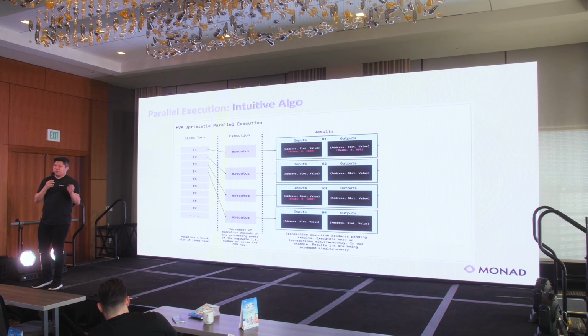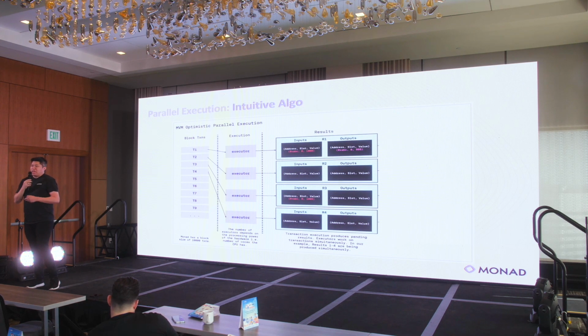And of course, Alice's input is 0, and the output is 10. Just ignore the second transaction. And then the third transaction, because we're running it in parallel, doesn't know about the first one, so it would also have an input of my USDC account is 1,000, and the output is my USDC account is 995.